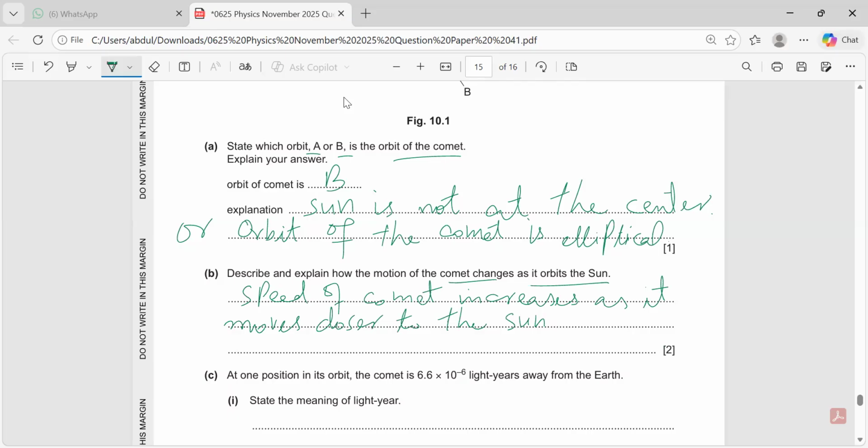Closer to the sun, it means the comet gains kinetic energy, but the gravitational potential energy of the comet decreases, and this is 100% according to the conservation of energy. So it gains kinetic energy, but the GPE of the comet decreases to conserve energy, my dear friends.